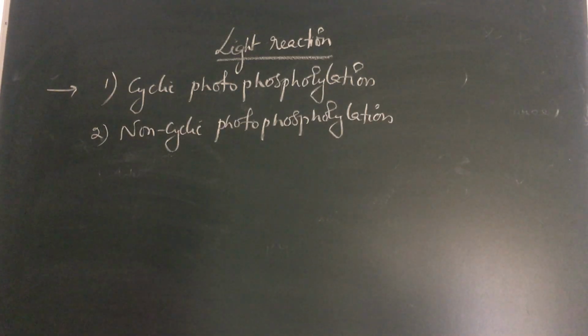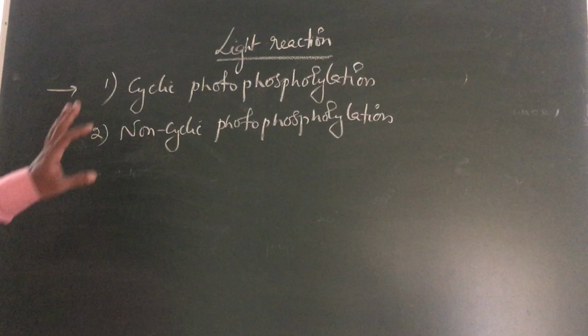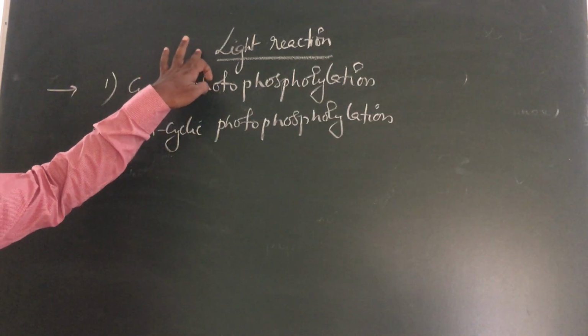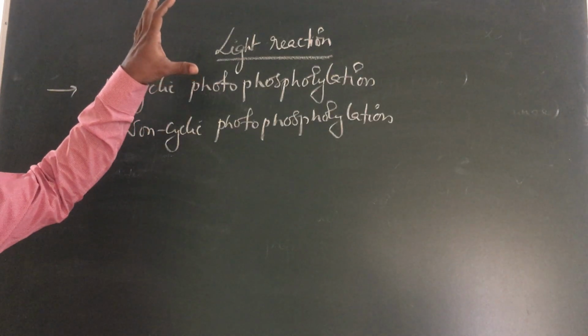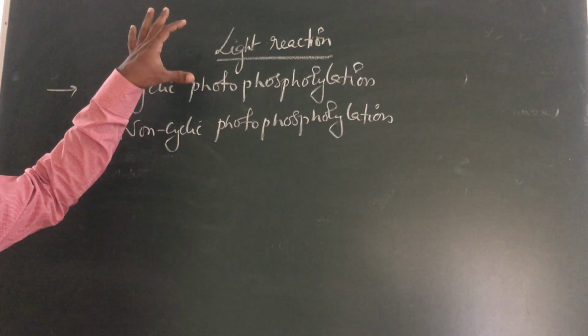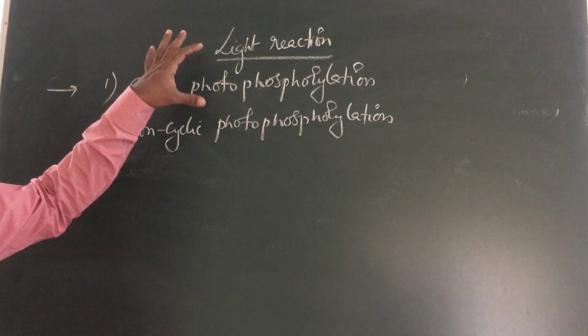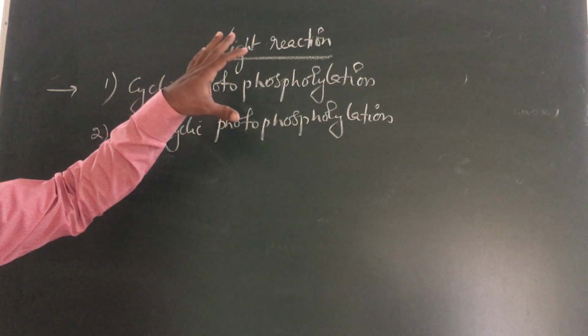So what is this cyclic? We already studied what the light reaction is. The light reaction means the light which is absorbed converts light energy to chemical energy.